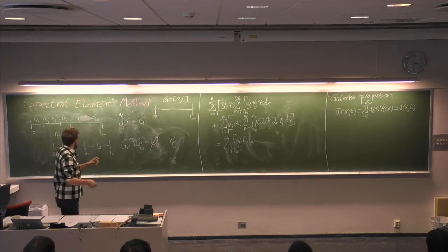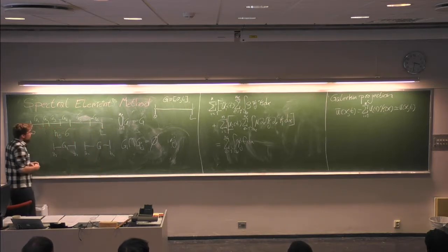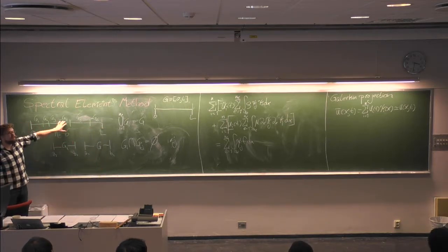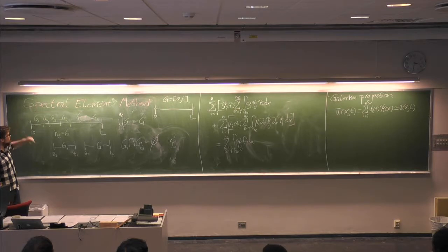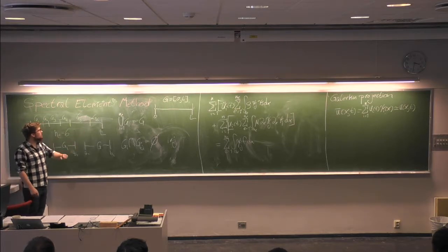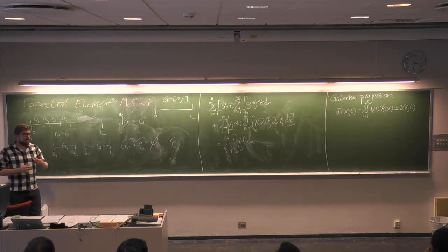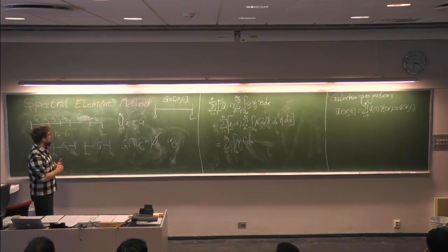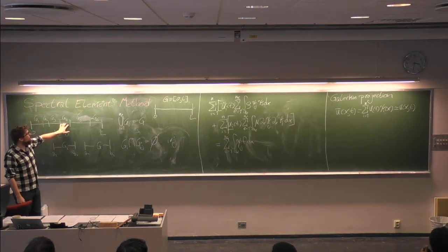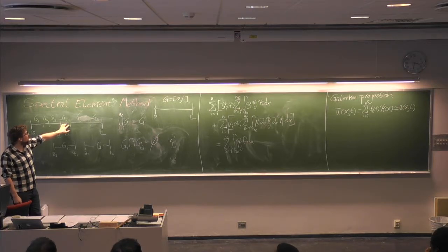Meaning that if a basis function has support on this G4, then this is the only element where it is non-zero. On G3 it's going to be 0, on G1 it's just 0, and on G6 it's also 0. So that means you can filter out the influence from just one of the G elements of the full G domain.